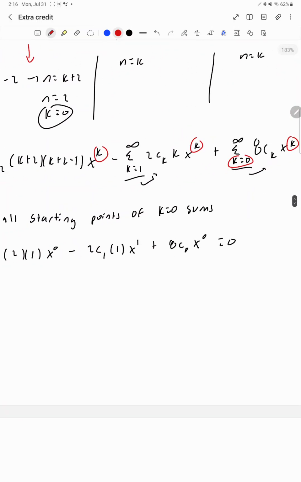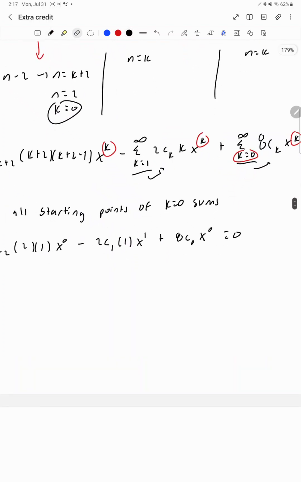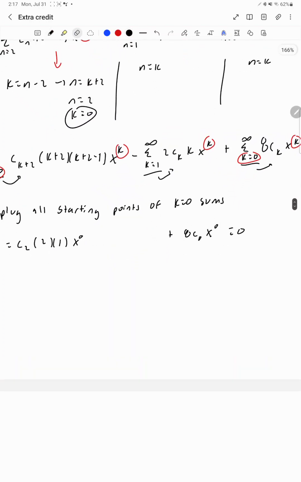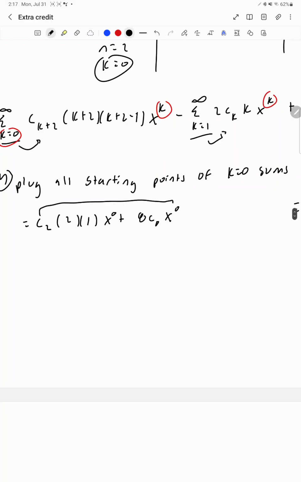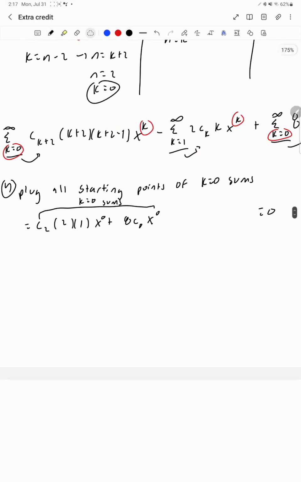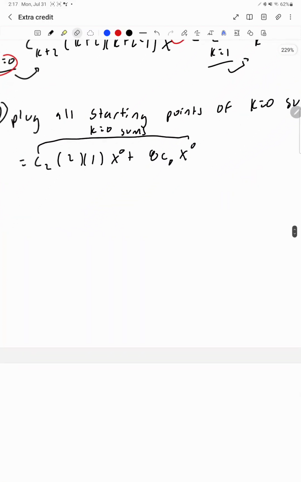So we're going to leave the k equals 1 alone for now. And then we're going to factor out the x to the k. Yes, that's what we're going to do. Okay, so we're going to delete this part about plugging in k equals 1. So then you just have that. And that's just for the k equals 0 sums. I don't think I'm using proper terminology, but it's okay.